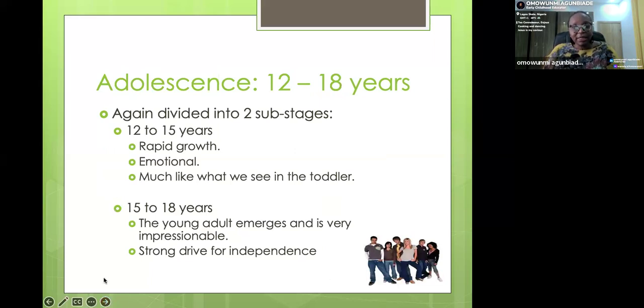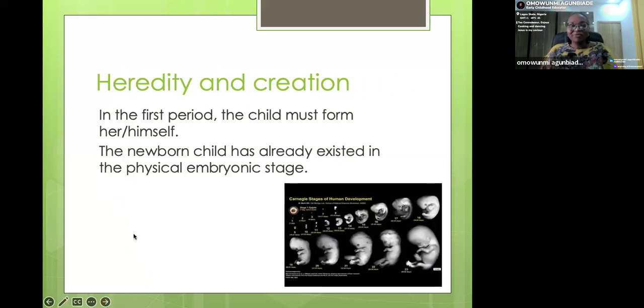Okay, this is the adolescence, and it's just there for us to look at. It's not part of our learning. All right, so what will happen is on Saturday, we're going to go into this a little bit. It's talking about heredity and creation. This is another topic on its own for lecture 3, but in this first period, the child will form himself or herself.